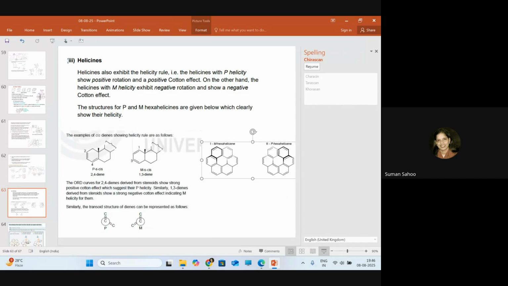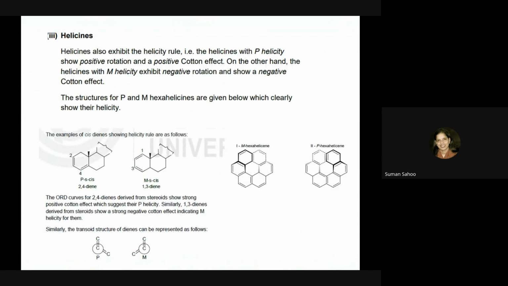According to the rule, you have to check from the top plane, which is towards you. So for example, if I see from this one, in that case my double bonds, this butadiene, while viewing from this, goes in a clockwise manner.